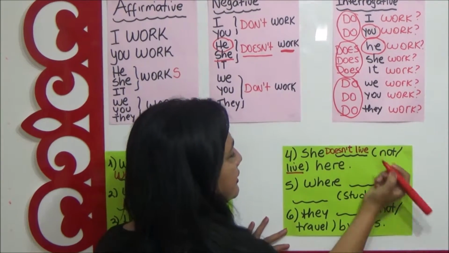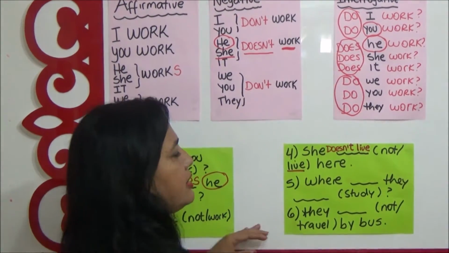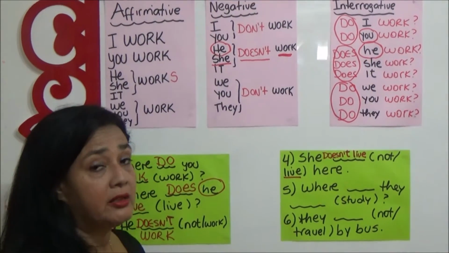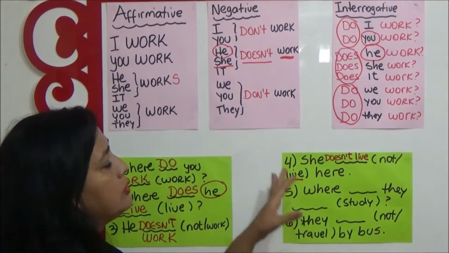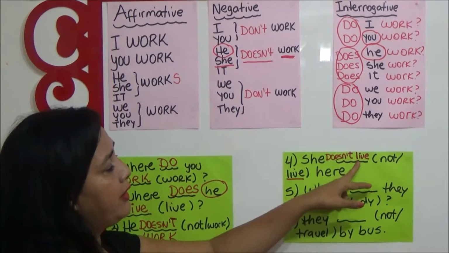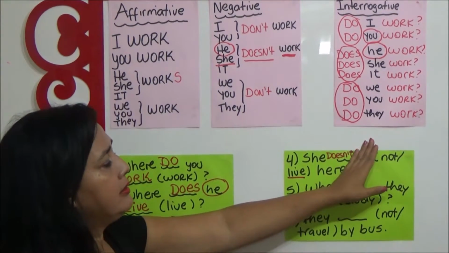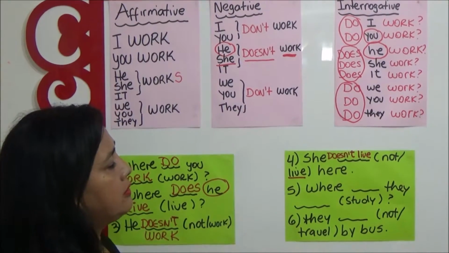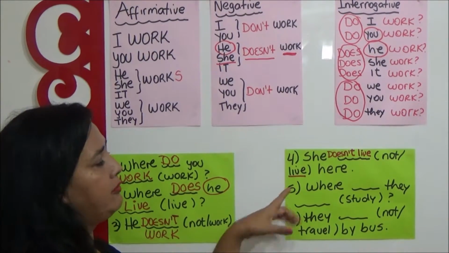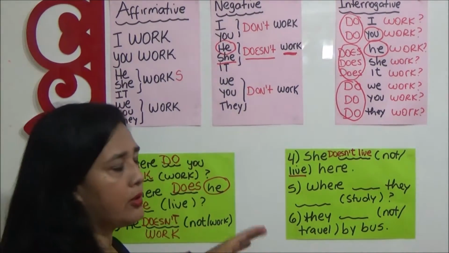She doesn't live here. As I always say, don't forget to put the verb in the sentence, because sometimes we just put doesn't and believe that the teacher will assume it goes with live, but no, you have to put it all together.